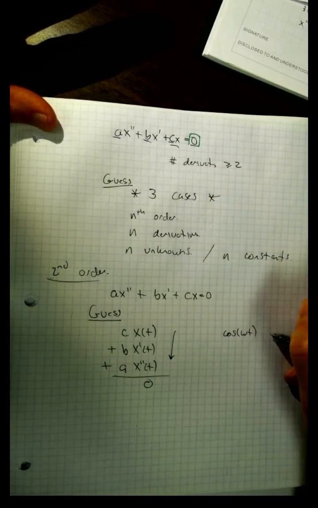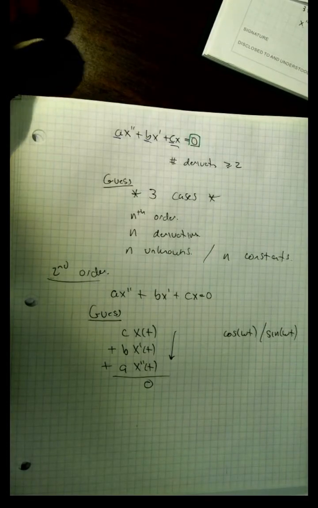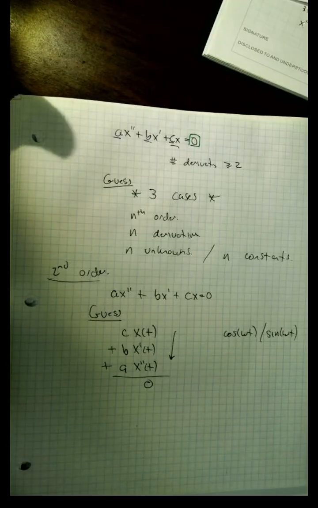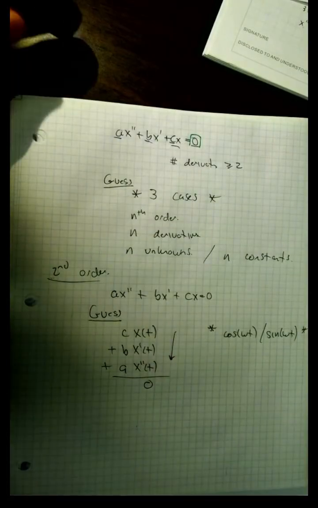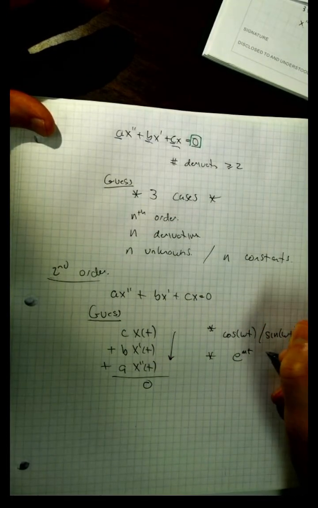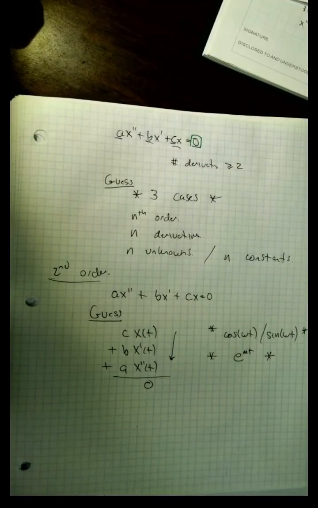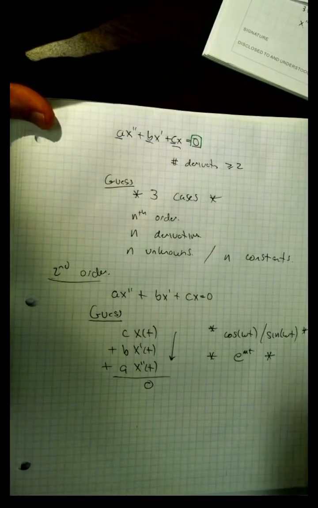Well, the first thing you might notice is that if I take derivatives of cosines and sines, I'm going to get cosines and sines back. So this seems like a pretty good candidate. Another good candidate is an exponential. If I take a derivative of an exponential, I get another exponential back, and I expect to knock things out.